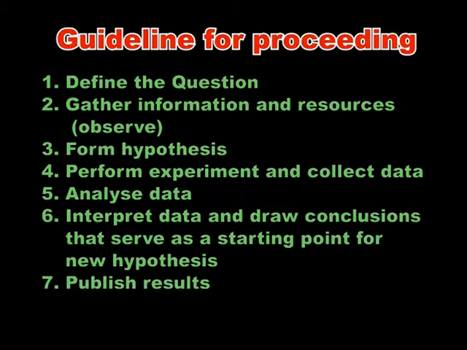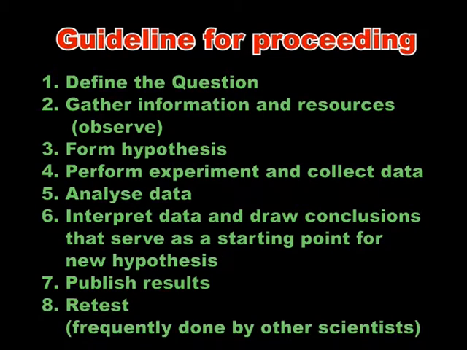Ultimately, the results have to be published. It has to be retested, frequently done by other scientists. The iterative cycle inherent in this step by step methodology goes from point 3 to 6, back to 3 again.